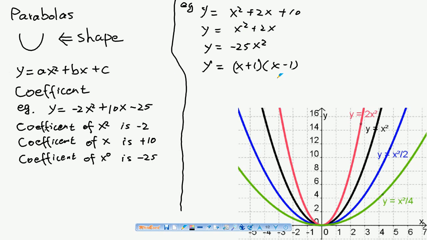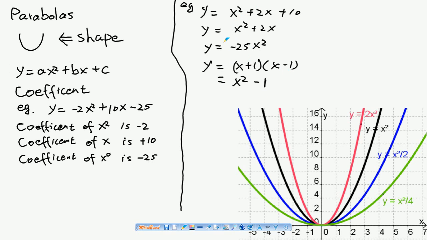Even for the last one, if we expand the bracket, we have x squared minus 1. And they are all parabolas.